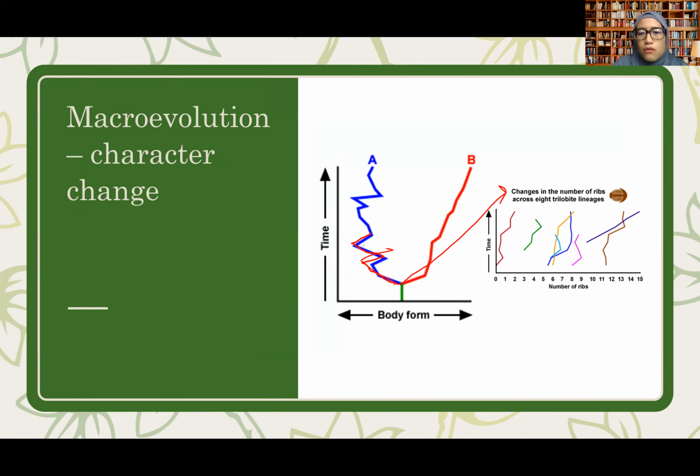It can go whichever way that it wants over time, okay? For example, this lineage A right here goes back and forth over time. However, lineage B right here goes pretty much in a stable change over time towards one direction.